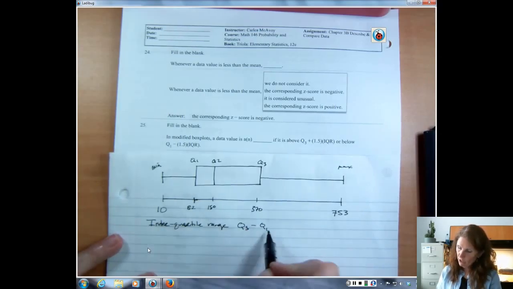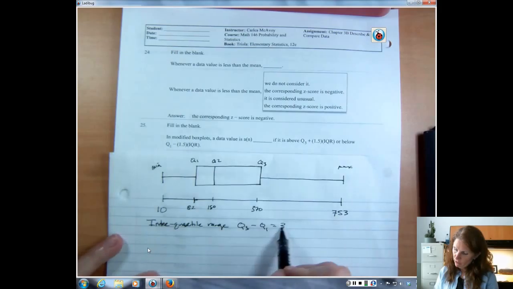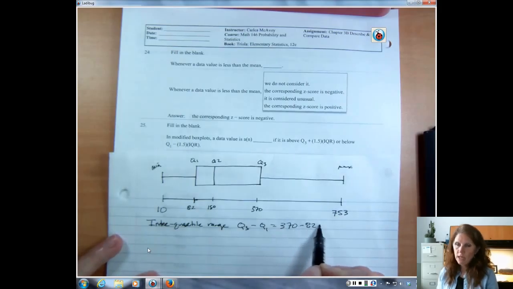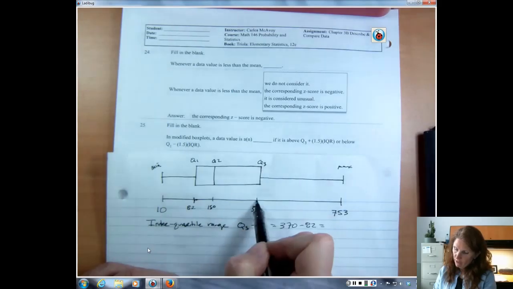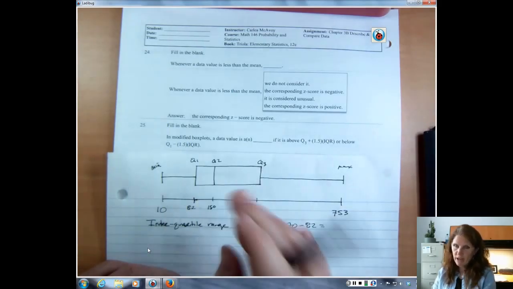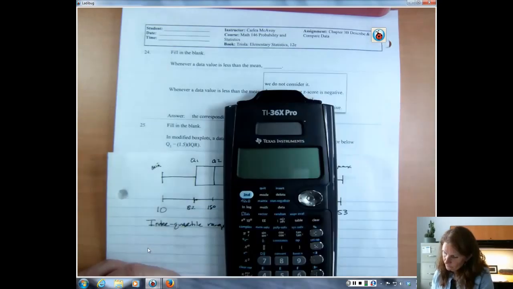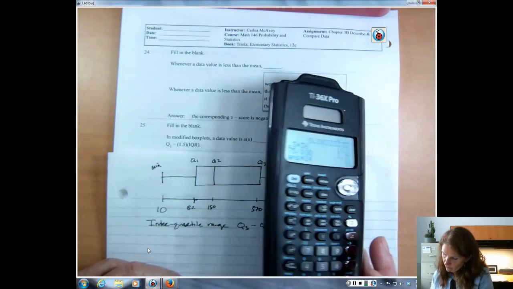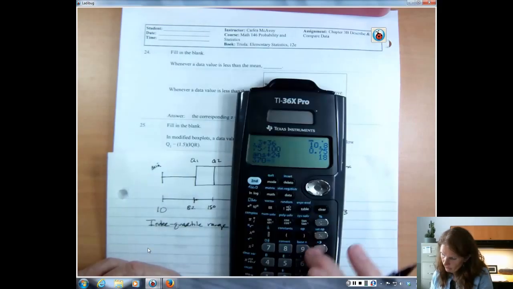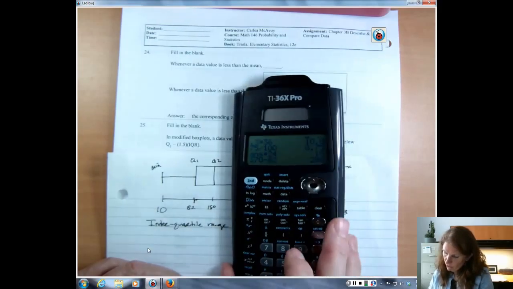So I would just take 370 minus 82, and that would give me the difference between this value and that value. In other words, I want to know the range of that box. So I get 370 minus 82, and that gives me 288.